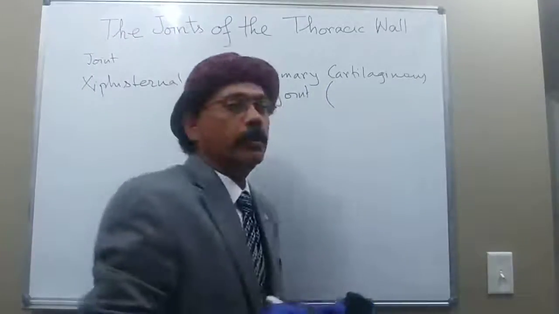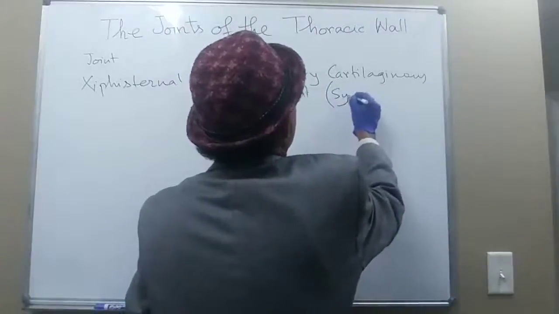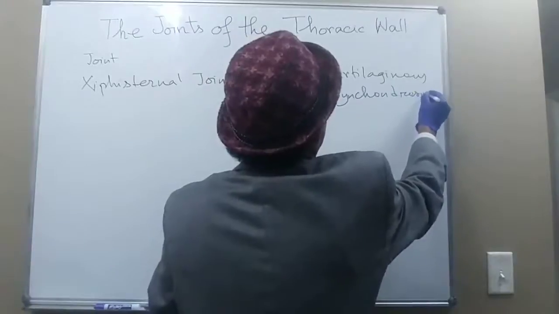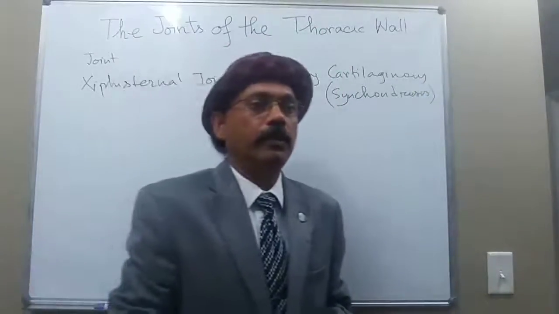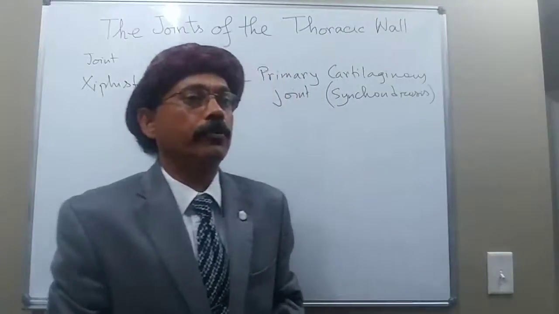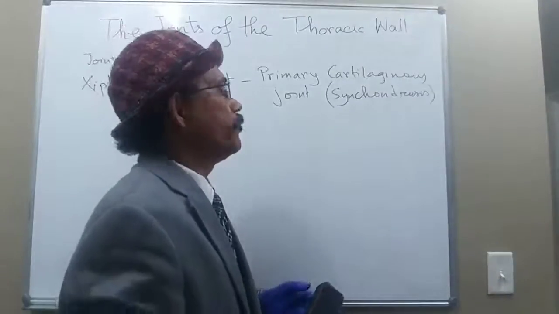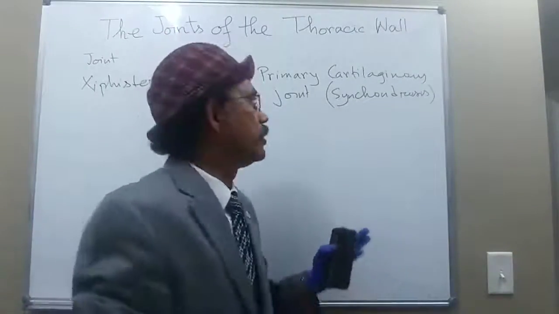You can call it synchondrosis. Here bone union takes place in early life, that is the synchondrosis. Because it is a primary cartilaginous joint, movement is very minimal, almost no movement.